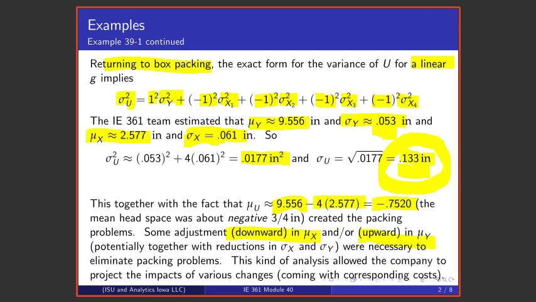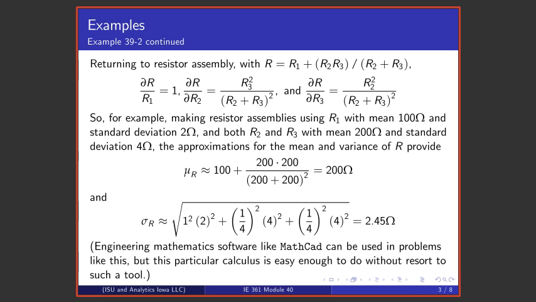With this kind of analysis, you can think about the various costs of making those changes and what that will do to the packing if one makes various kinds of changes.